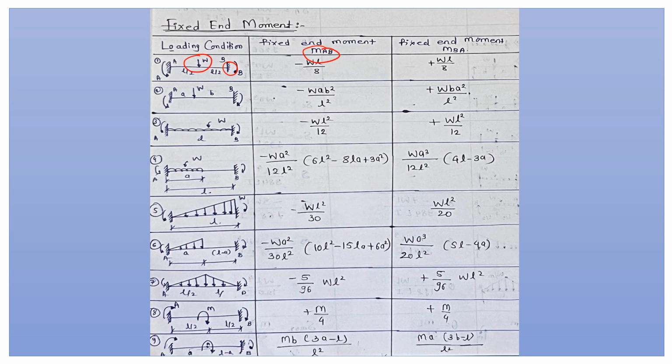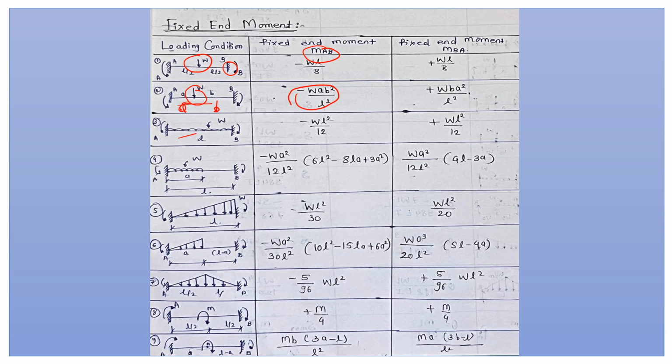Then same for the second condition. Here also a point load is given, but that point load is eccentric, meaning on the left side the span is different and on the right side the span is different, and this is the formula to calculate the fixed end moment for supports A and B. Then third condition, fixed end moment for the beam subjected to UDL over the whole span.